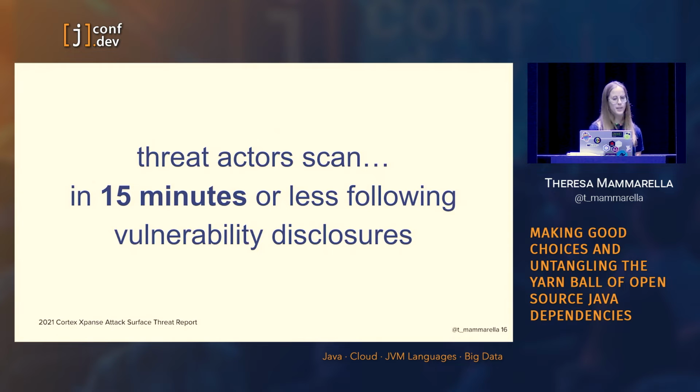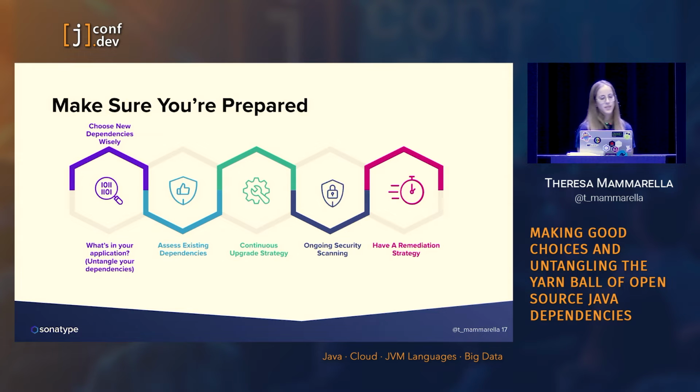And so it's not really enough to just be thinking about what do I do when this happens, but how do I prepare in advance for things like this to happen? So the steps to take for that are, first of all, be choosing new dependencies wisely. Knowing what's in your application in the first place, that's kind of a non-starter.